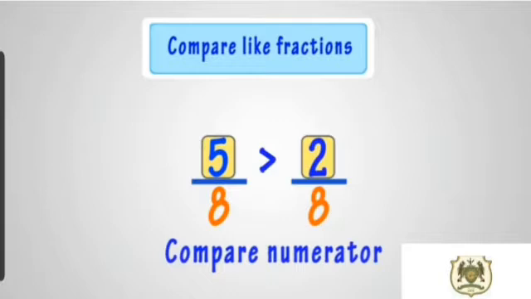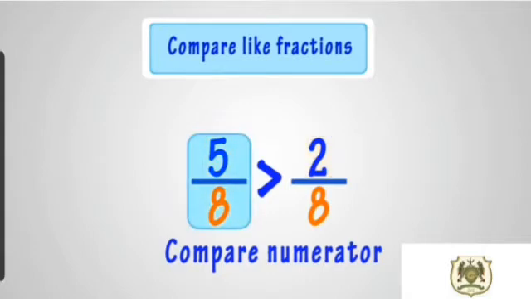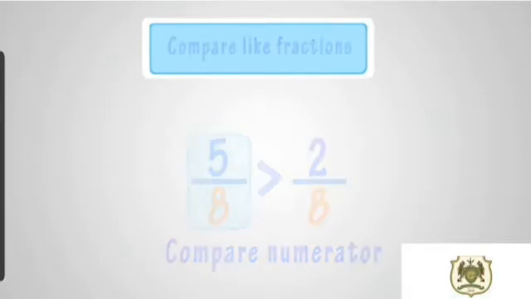Since 5 is greater than 2, I can say the fraction 5 upon 8 is greater than the fraction 2 upon 8. So this is the way we compare like fractions. The fraction with the greater numerator is the greater fraction.